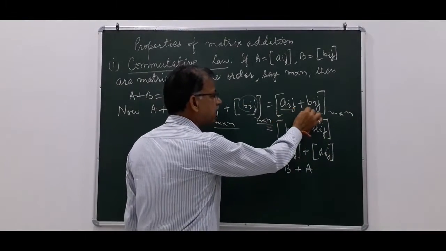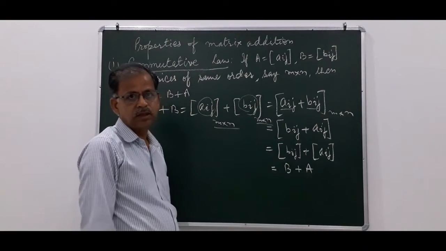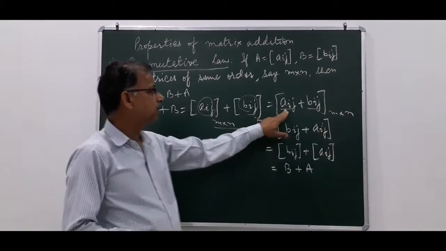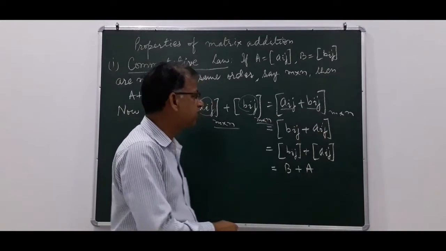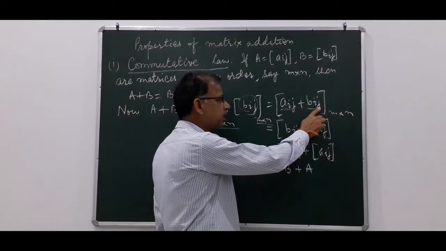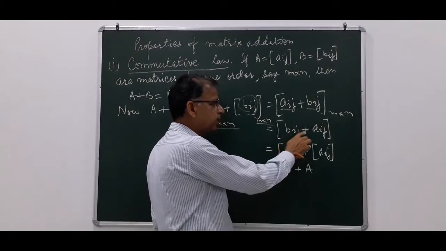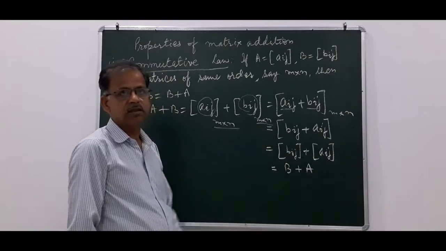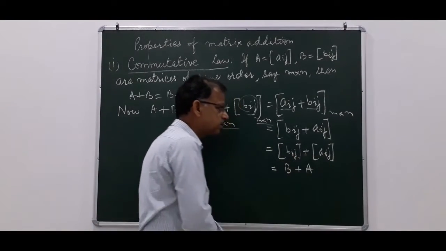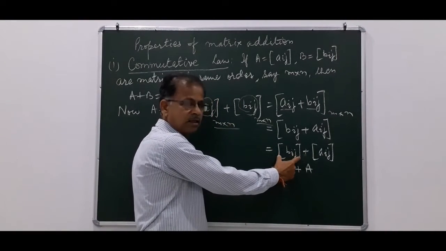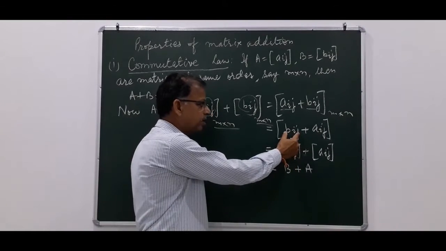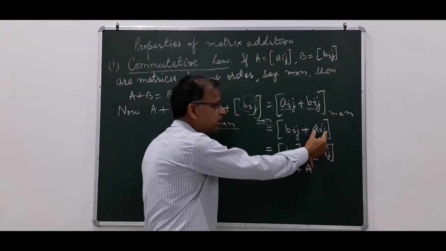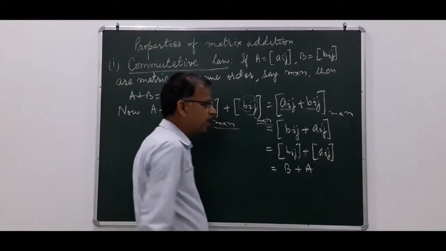Here Aij and Bij are two numbers, and in real numbers commutative law holds. So we can write Aij plus Bij as Bij plus Aij. Now this matrix can be written as sum of two matrices. First matrix is taken by taking elements Bij, and second matrix is taken by taking elements Aij.